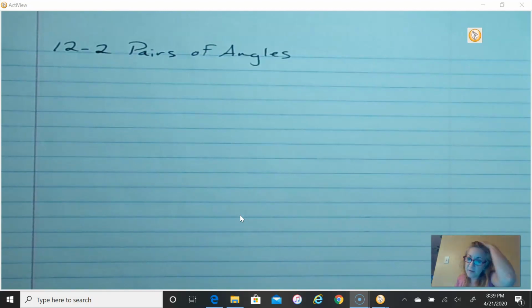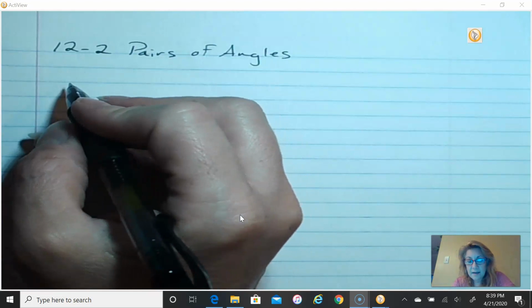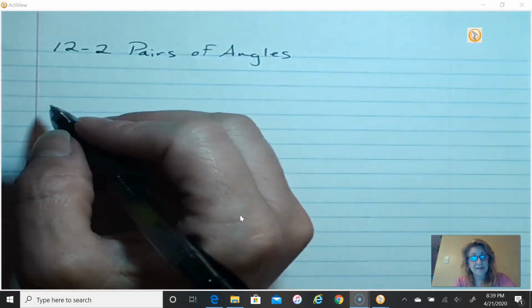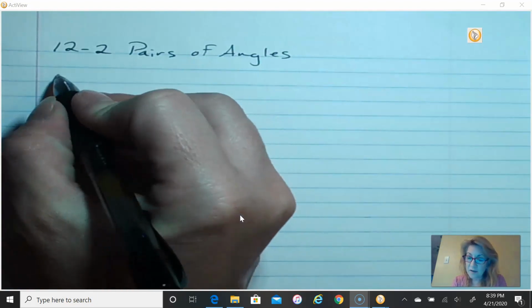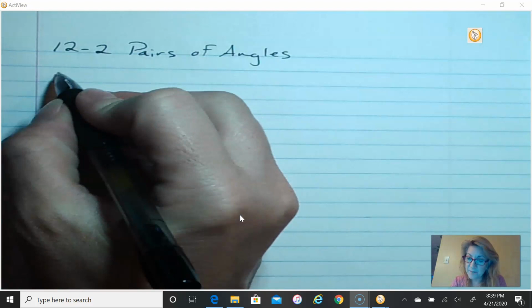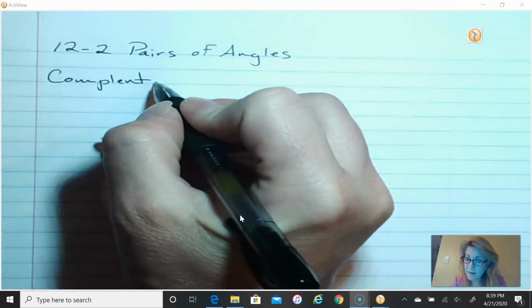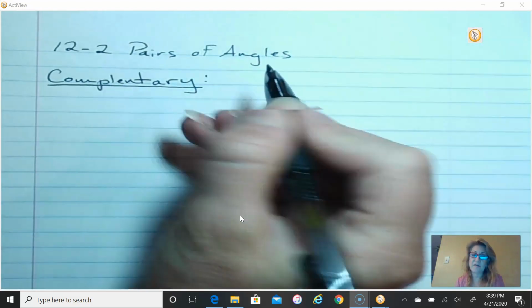Pairs of angles. Okay, the two main ones that you're going to be learning about today, and I know you had this in 6th grade because I've been teaching it to the 6th graders. So the two different kinds, complementary angles. Now, complementary angles.